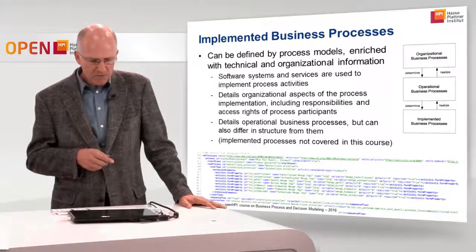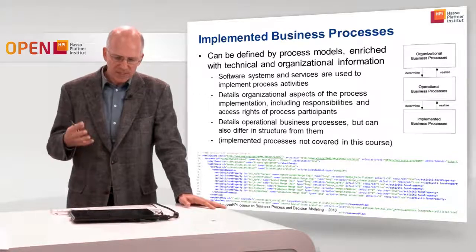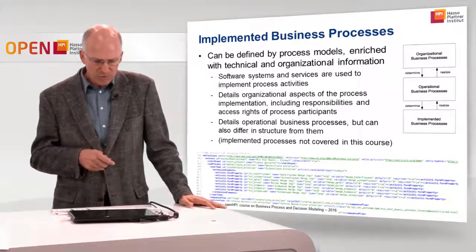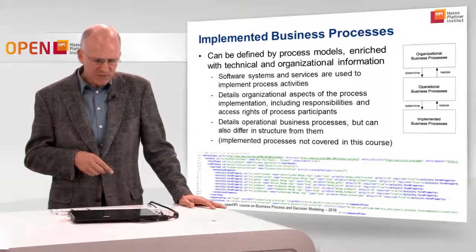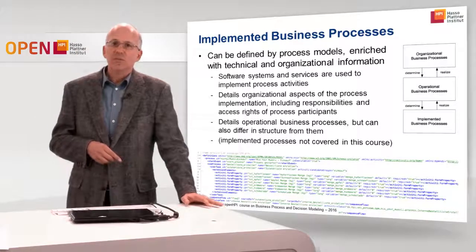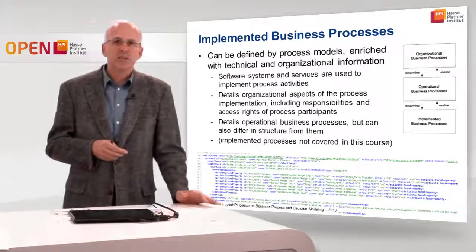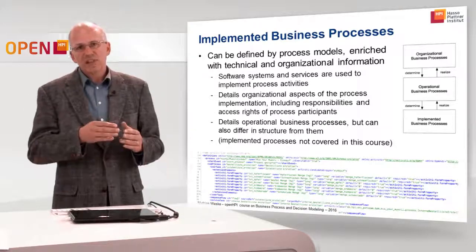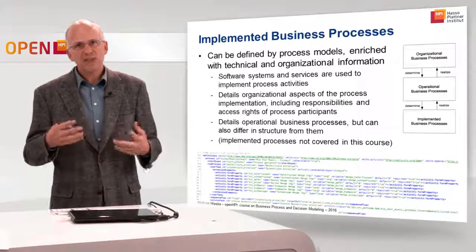And also implemented processes contain additional details relative to operational business processes, but these processes can also differ in structure from them. So we might have an IT architecture that prevents us from implementing the business process the same way as the operational business process is specified.